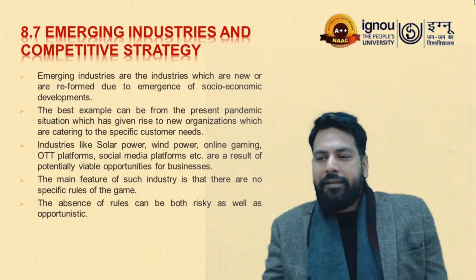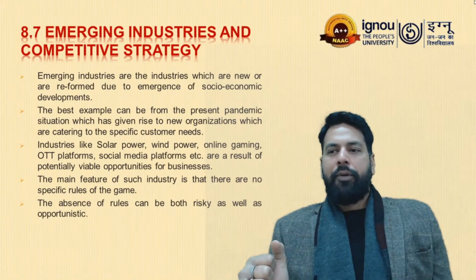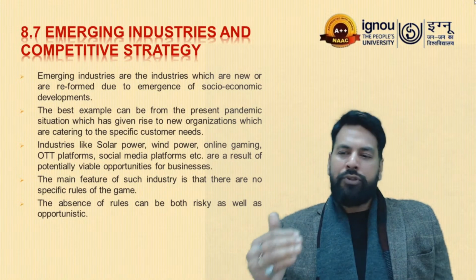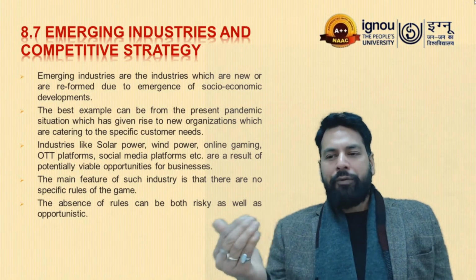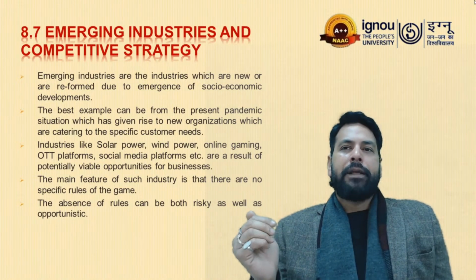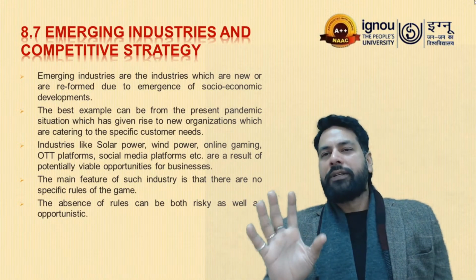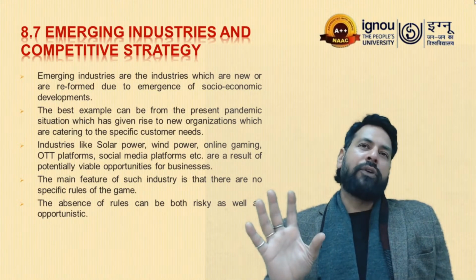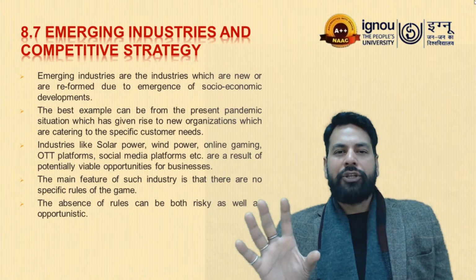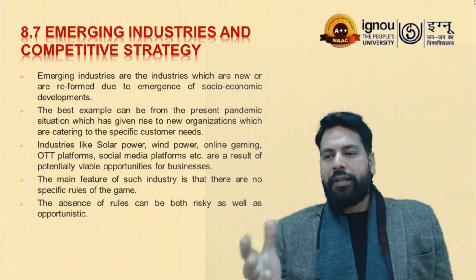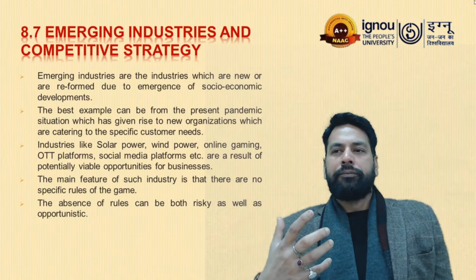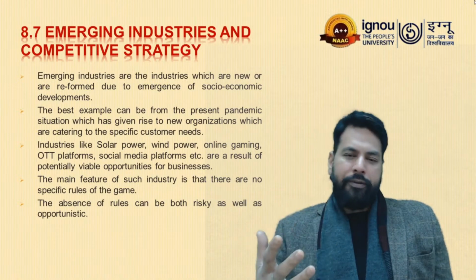But this makes these things slightly risky also, because the industry where there are rules, the rules are structured, you have to act accordingly. But this emerging industry, they are getting eyeballs of the market, they are catching the attention, and they are known as sunrise industry because they are doing pretty good.